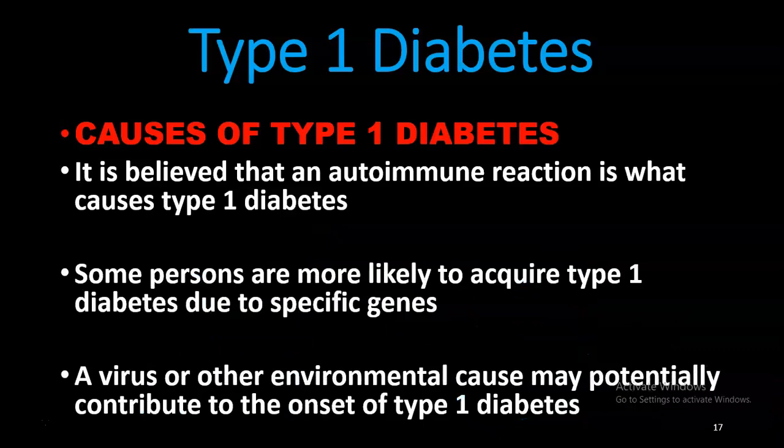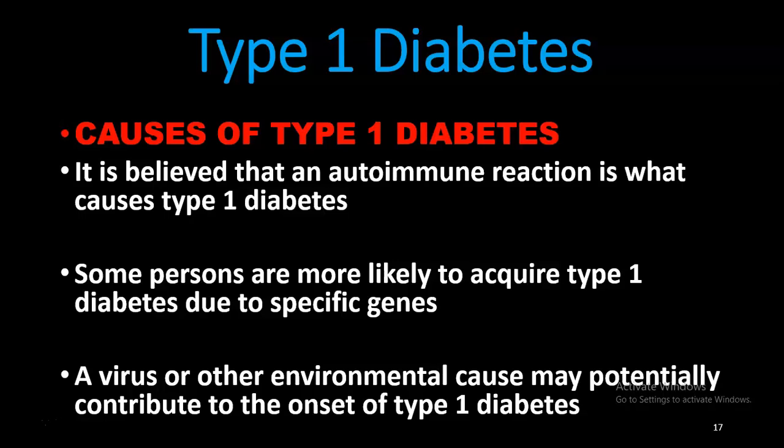Causes of type 1 diabetes. It is believed that an autoimmune reaction is what causes type 1 diabetes. That is, the body attacks itself by mistake. The beta cells, which produce insulin in the pancreas, are destroyed by this process. Before any symptoms show, this process can continue for months or even years.